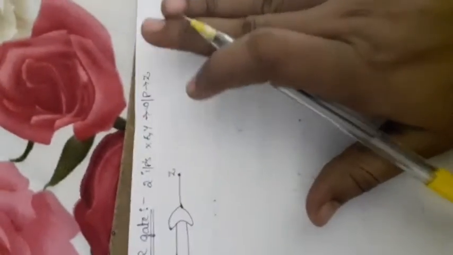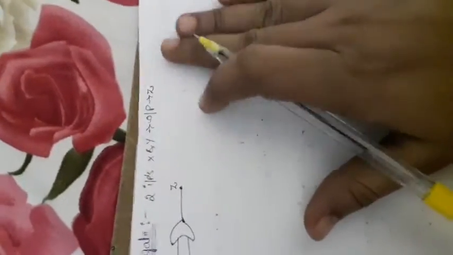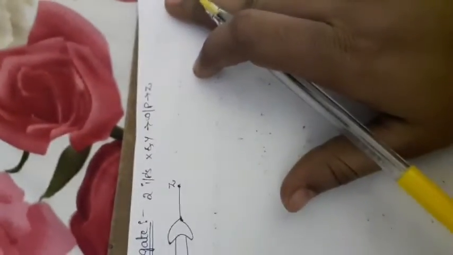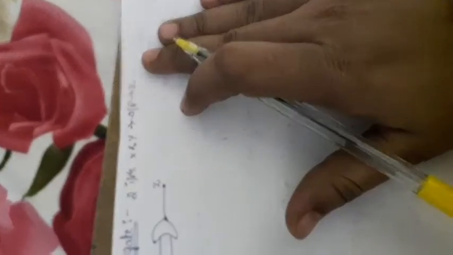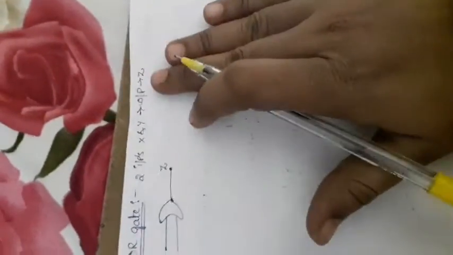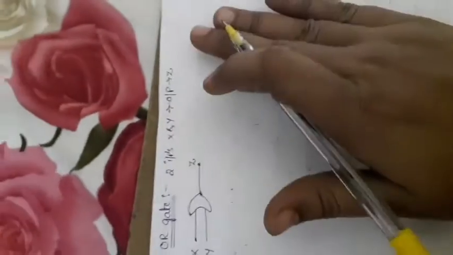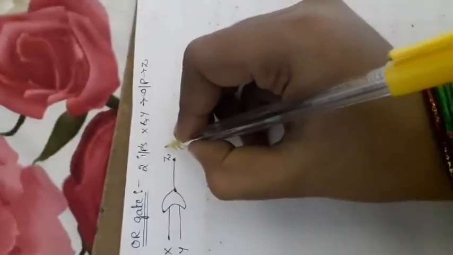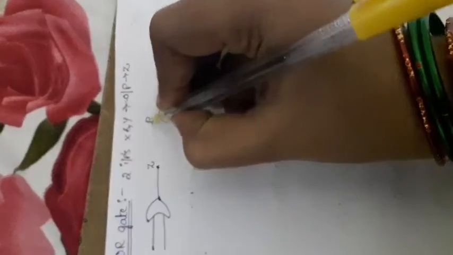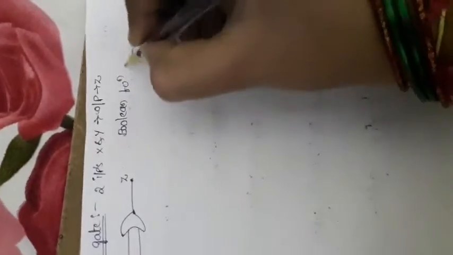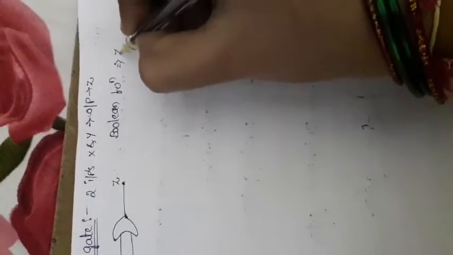That output function can be implemented in addition logic, that is, as adding of the two input variables. That is called the OR gate. The Boolean or algebraic function can be referred to as z is equals to x plus y.